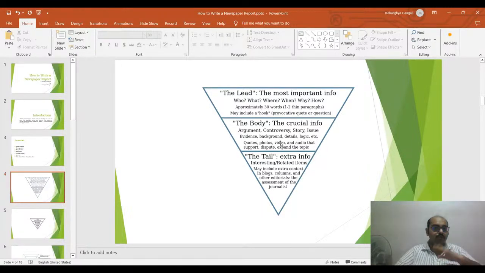Then the body should not contain any jargon or detailed explanations. Just the bare minimum that is needed for a clear-cut understanding of the report. The rest of it falls within the tail. So if the editorial team cuts it out, we really do not lose information about the event.